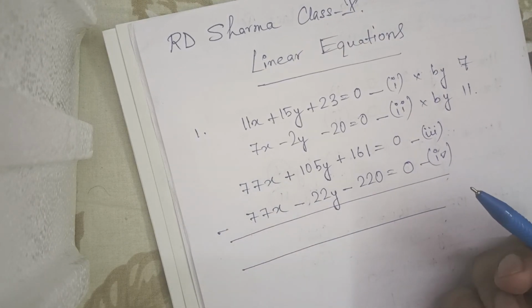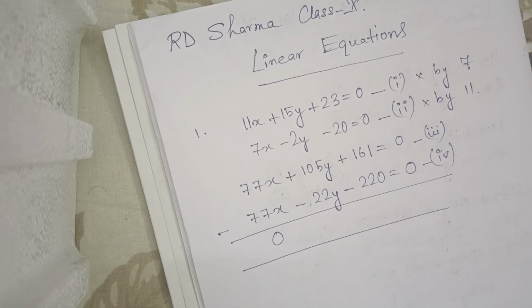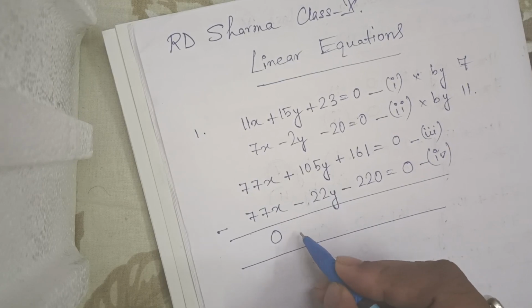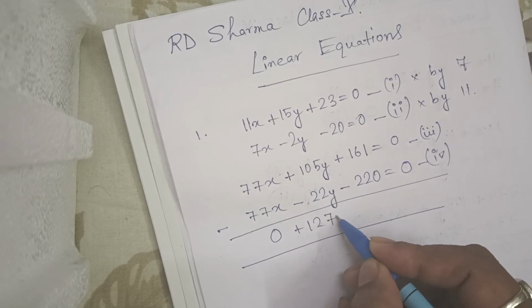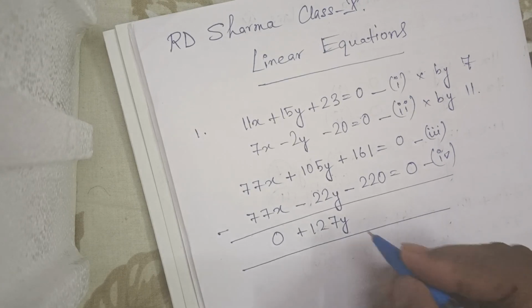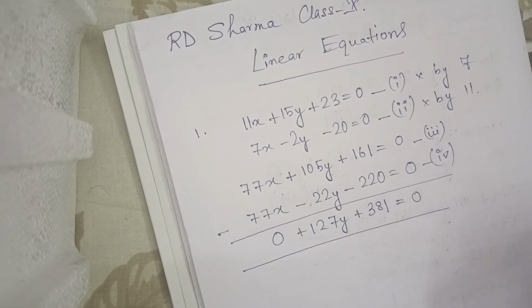So 77x minus 77x becomes 0. 105y minus 22y becomes 127y. So it would be positive 127y, and 161 minus 220 becomes minus 59... 381 equals to 0.